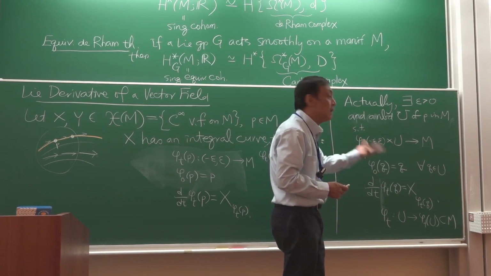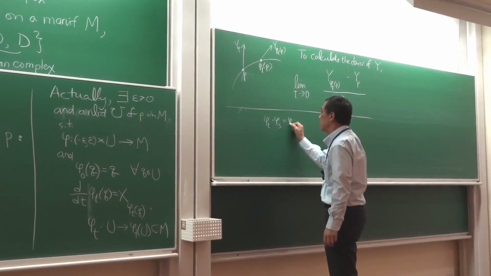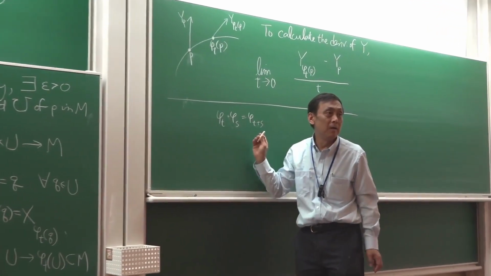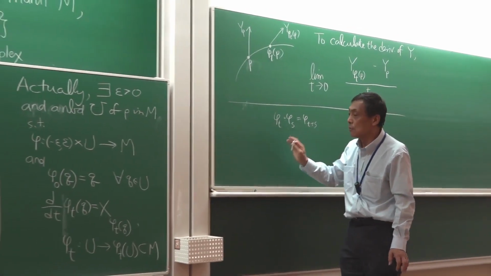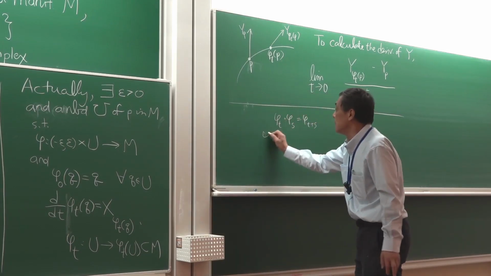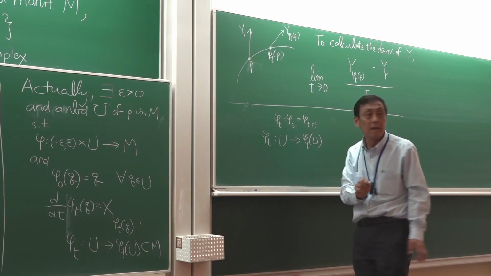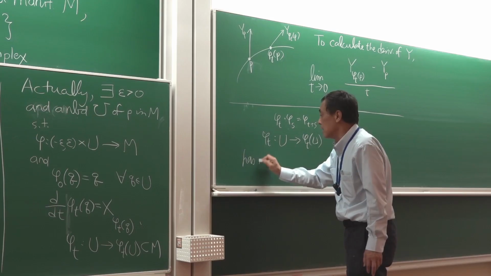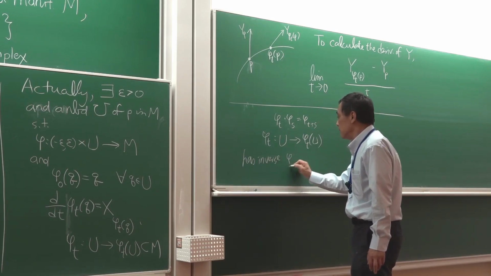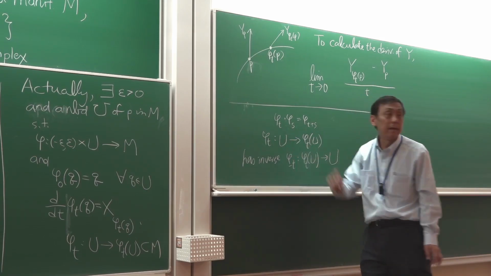And it has an inverse because, in general, phi t composed with phi s is phi t plus s, wherever they are defined. And so this has an inverse, phi minus t. So phi t from U to phi t U has inverse phi minus t from phi t U back to U. Okay?